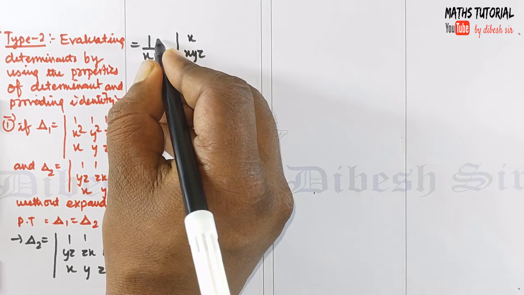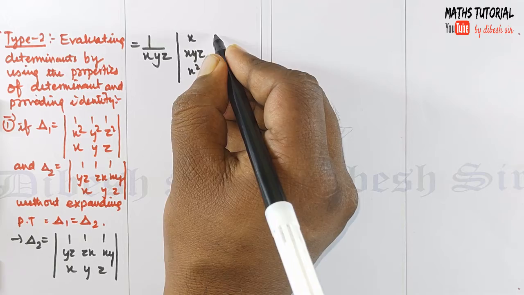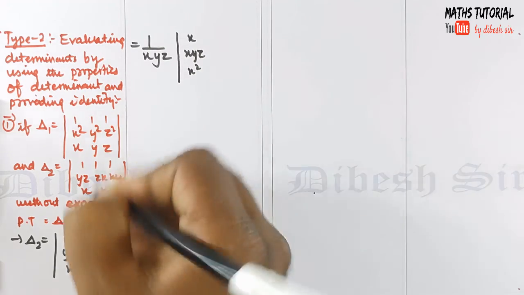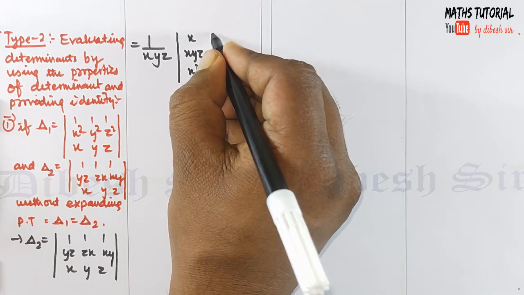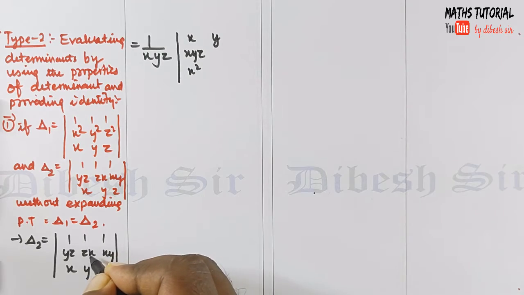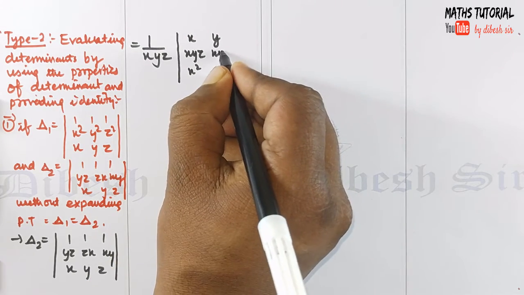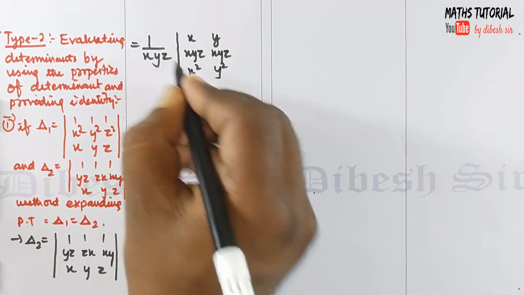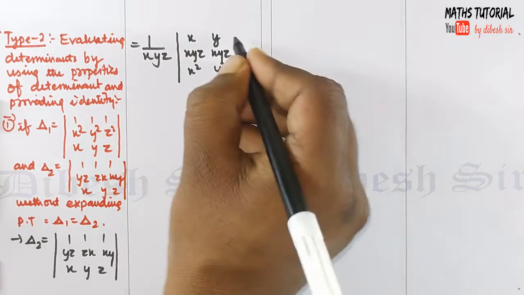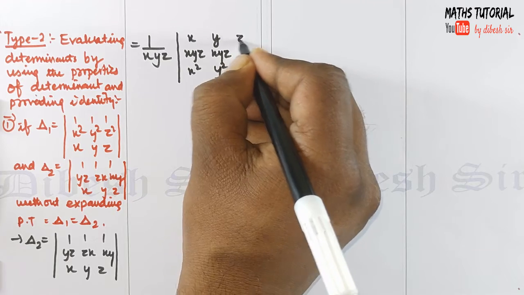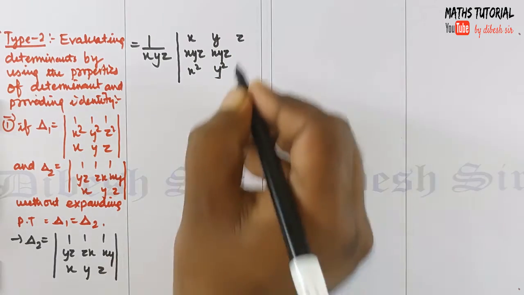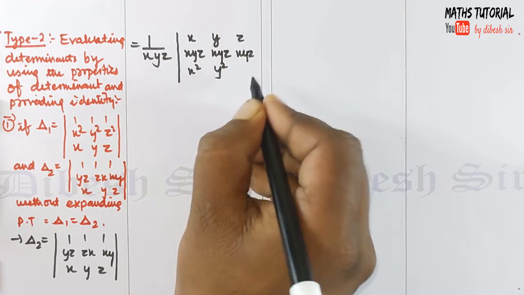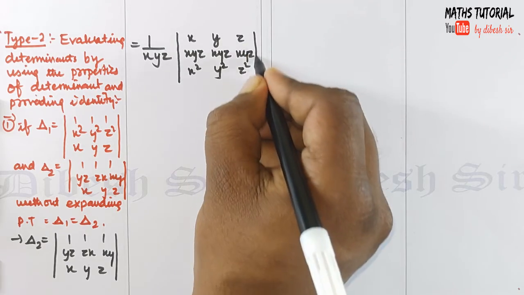Now multiply y with the second column, that is y, xz means xyz, y into y means y square. Here also multiply z with the third column, you'll get z, xyz and z square.